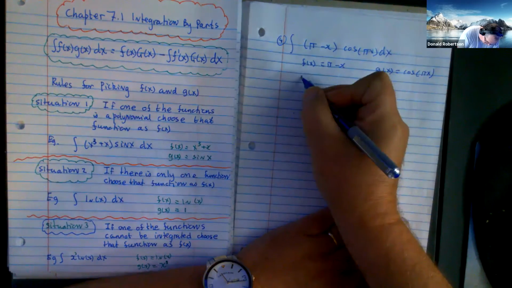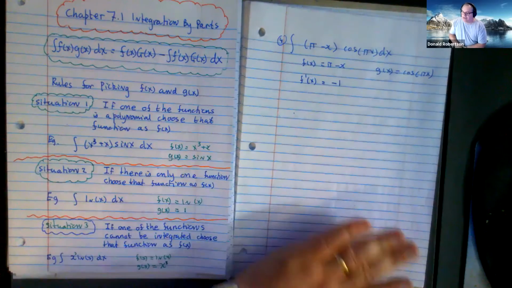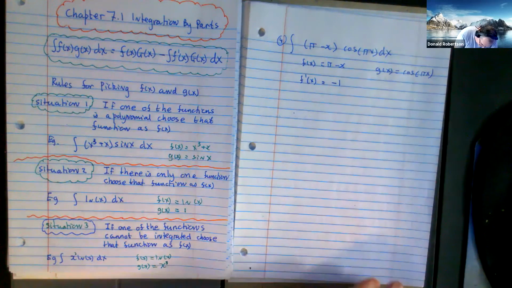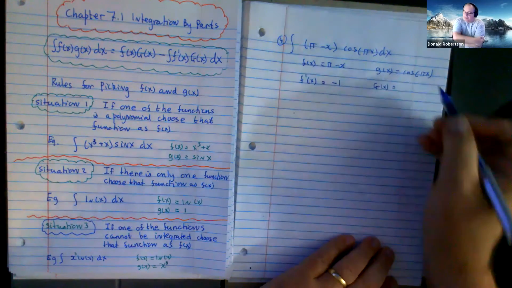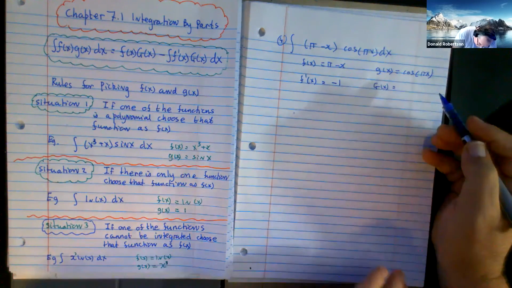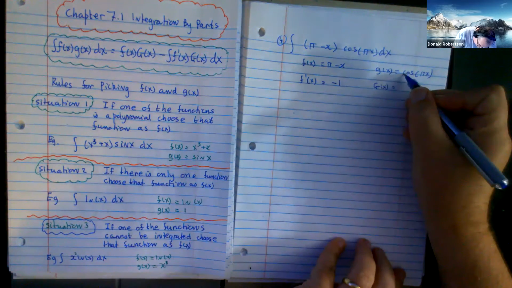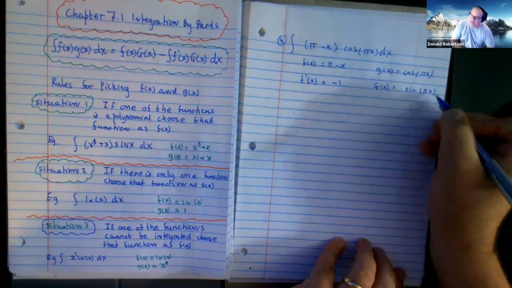And I'm going to differentiate this guy, and it's a bit messy, but it's okay. It's -1. The integral of this guy, remember we talked about the linear shortcut method that allows us to do sine 2x, cosine 4x, that kind of thing. It can work with cosine pi x as well. If you integrate the cosine of pi x, you will get the sine, positive sine, of pi x.